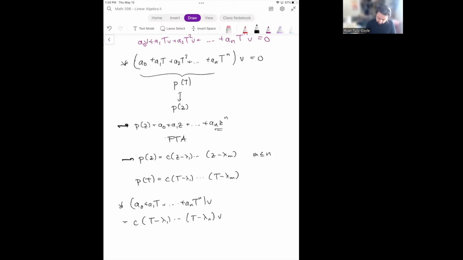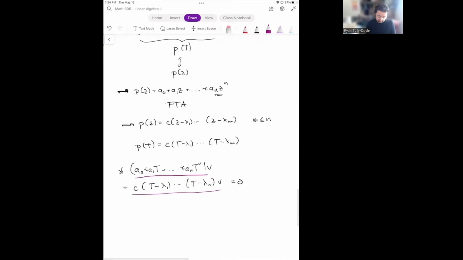And all of that is supposed to be equal to 0. So again, what I've done here, this was our original expression that we got by linear independence. Then I've rewritten it using the fundamental theorem of algebra and the idea that I can plug operators into polynomials to get another expression that's equal to 0.